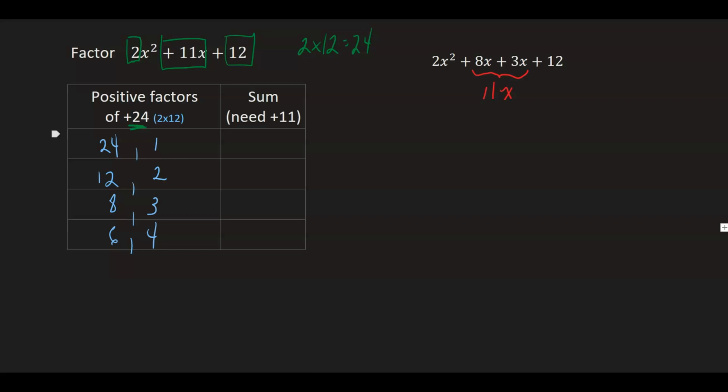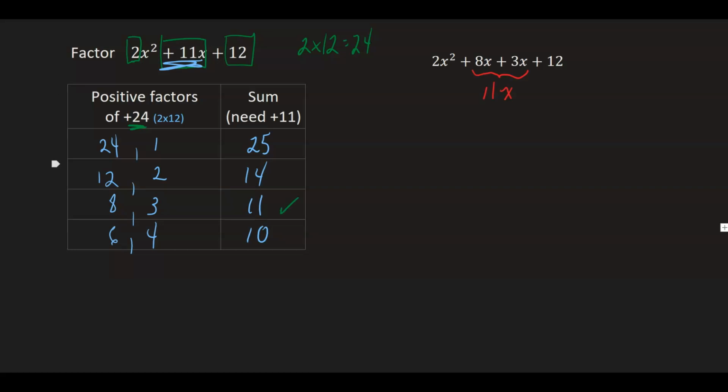Let's check the sums now. So 24 plus 1, the sum here is 25. The sum of 8 and 3 is 11. Oops, there it is. And 6 and 4 is 10. So we have found the sum of 11 right there.